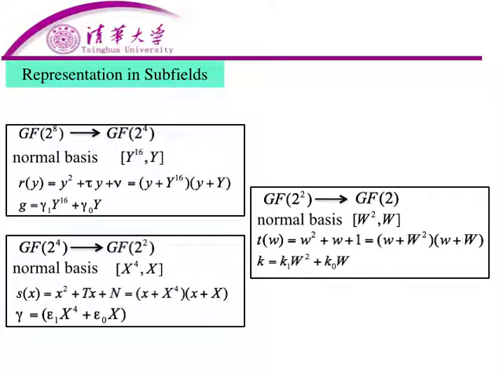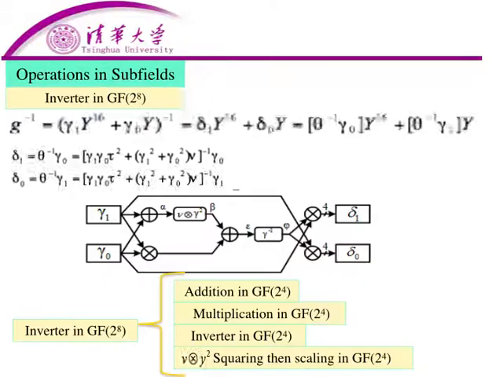Now we need to know how to get the multiplicative inversion in the field of GF(2^8). According to the multiplicative inversion definition, the formula for them is this one. When expressed in the flow chart, it's like this.